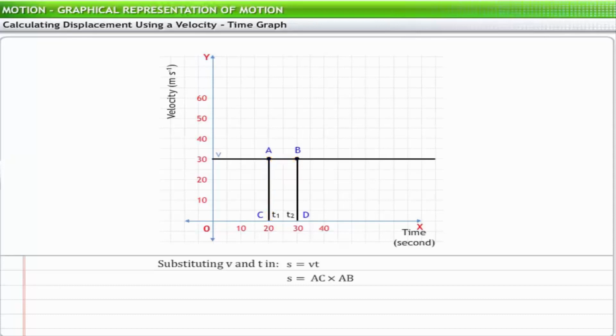This is nothing but the area enclosed in rectangle ABCD under the velocity-time graph. Thus, in this case, the displacement of the car is equal to 30 meters per second multiplied by 10 seconds, which is equal to 300 meters.